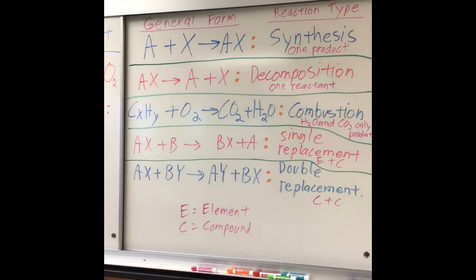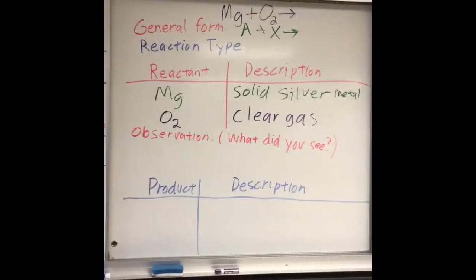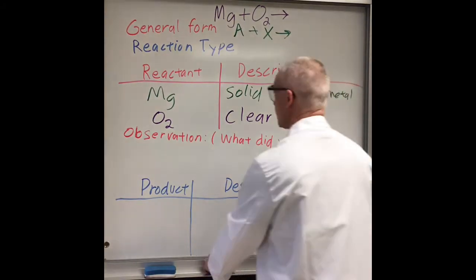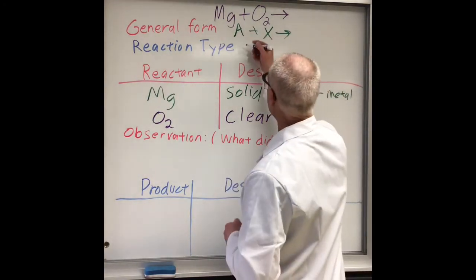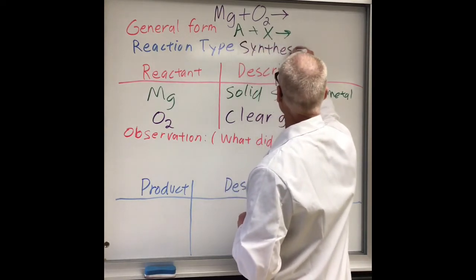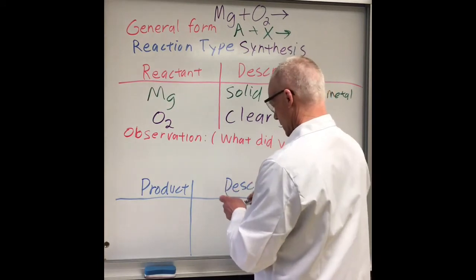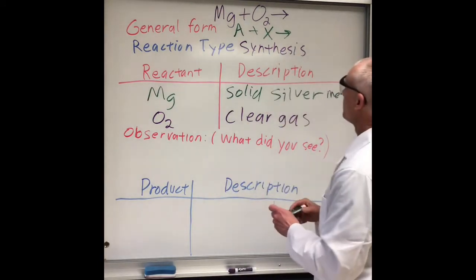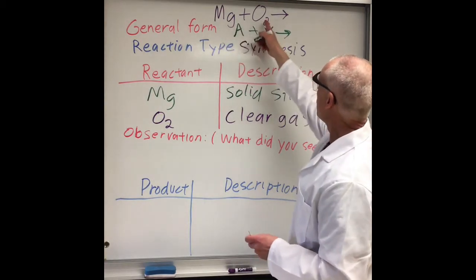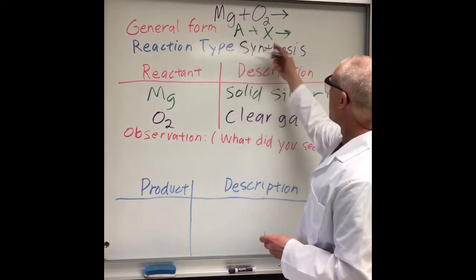So we can go back to our table here and put the reaction type as synthesis. And the product that will form is MgO, magnesium oxide. It will form AX here.